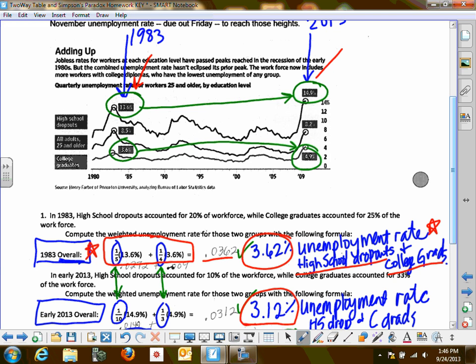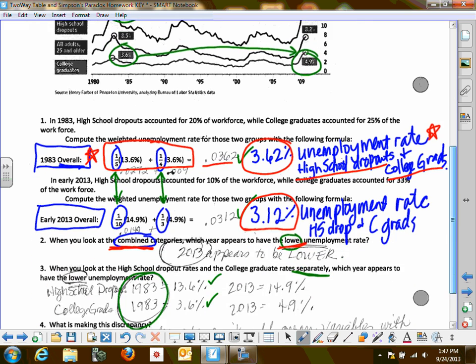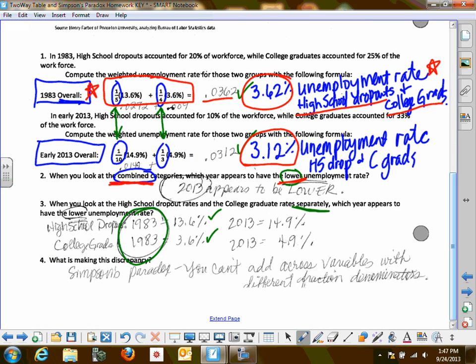And then here, Democrats are saying, woohoo, look, overall, we only have the 3.12%, and they have the 3.62% overall. Okay. But we know that you need to look at the separated out results.